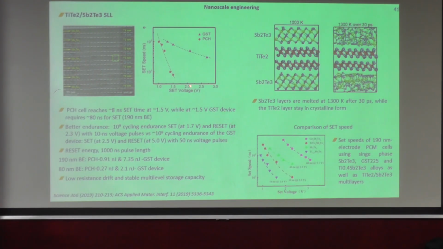Like I said, speed: if you look at these heterostructures, they require less set voltage compared to the single phase GST material. It's also pretty fast, needing around 8 nanoseconds for set time, and for GST it's already like 80 nanoseconds, depending on the device geometry and material parameters.